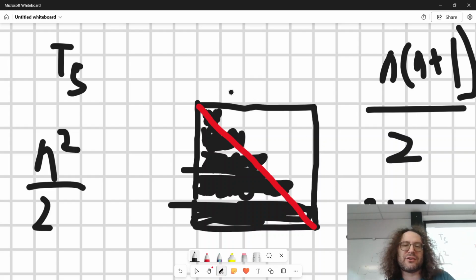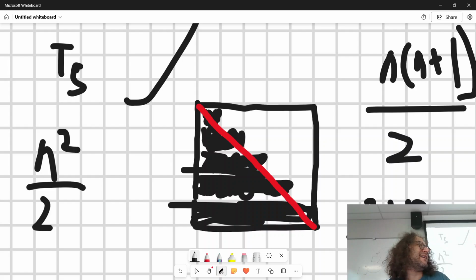And as far as big O is concerned, a little more than half is around the same thing. It's still going to be quadratic growth, like that, not like a little check mark.